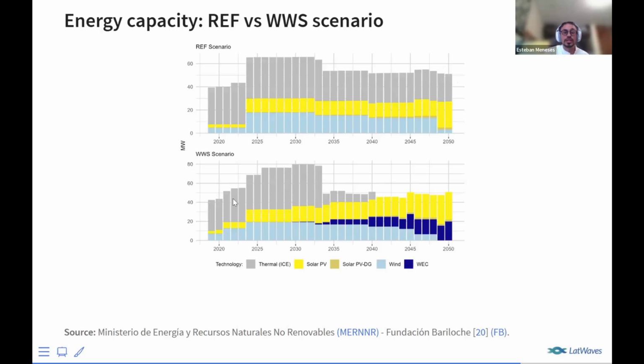On the other hand, in the scenario with WEC, at the end of 2050 we have an installed capacity of 20 megawatts, and the rest comes from solar power plants. As you know, the OSeMOSYS model optimizes by minimum cost. So we had to force the model to install wave energy capacity over the years.